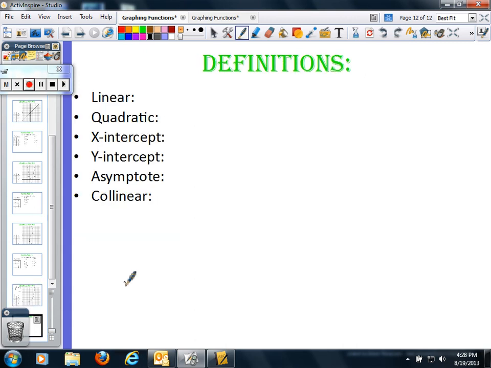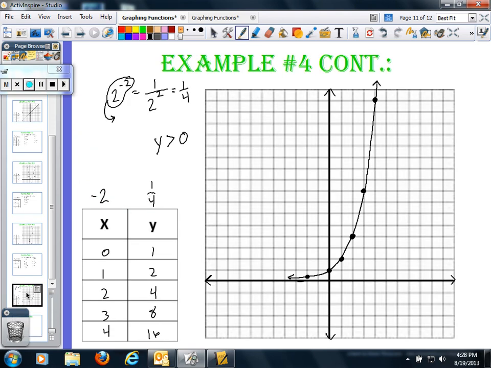Let me pull up the definition page. So we had linear, which dealt with the linear function. We had quadratic, which dealt with our quadratic function. Something else I did not touch on is an x-intercept and a y-intercept, and I'll show you that real quick. So the y-intercept is where this graph, this point right here, would be what we call the y-intercept.